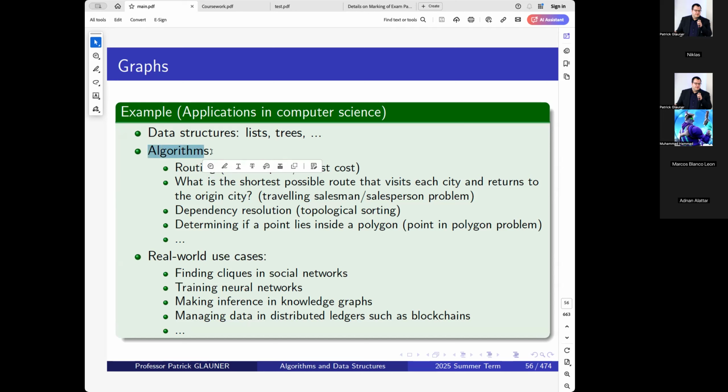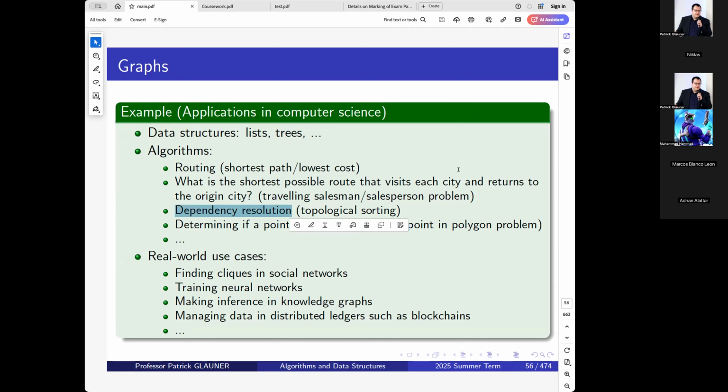For example, graph algorithms, in routing, like shortest path, lowest cost, Dijkstra, where you have cities that are connected and you want to know how to get from one city to another the quickest. There are other problems like the traveling salesperson or traveling salesman problem. You have a network of interconnected cities, you start in an original city, and you want to know the shortest possible route to visit each city and return to the origin.